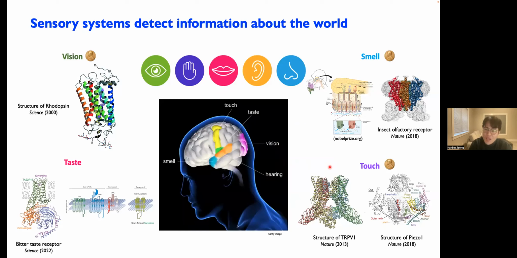And interestingly, the auditory system has not been understood in this way because it is very delicate and complex, and it is very challenging to understand each mechanism. So our lab has been focused on trying to understand the ear and which molecules convert sound information into electrochemical signals.